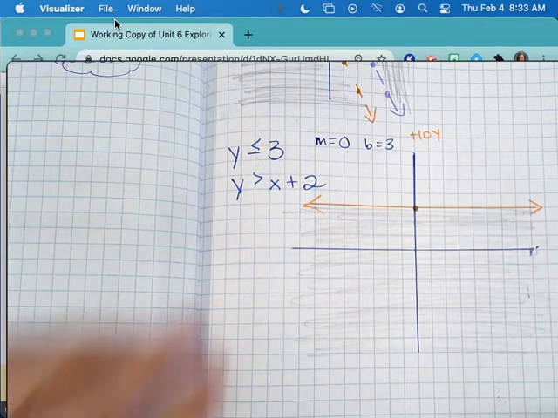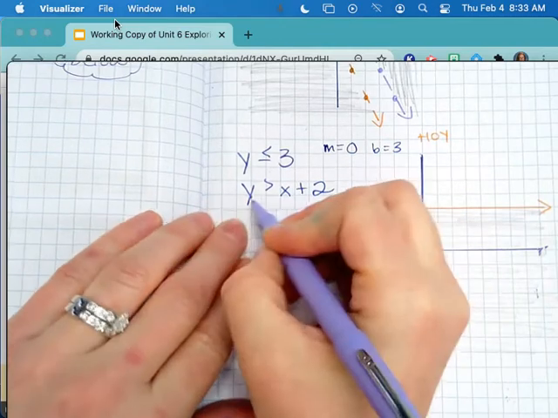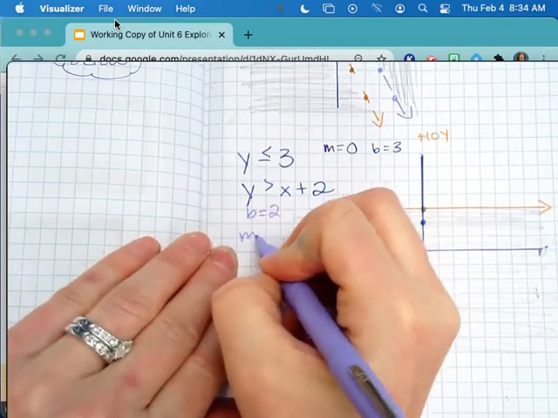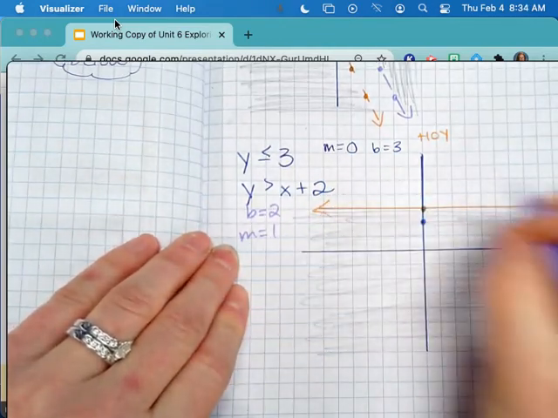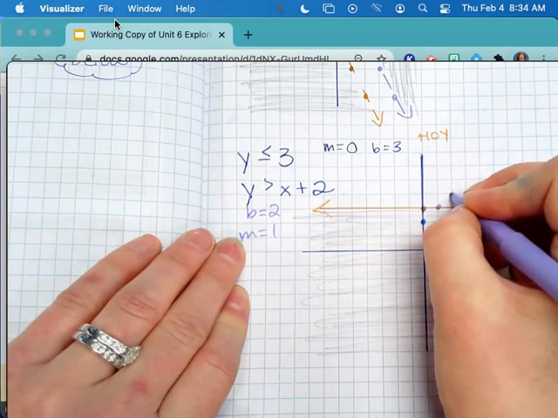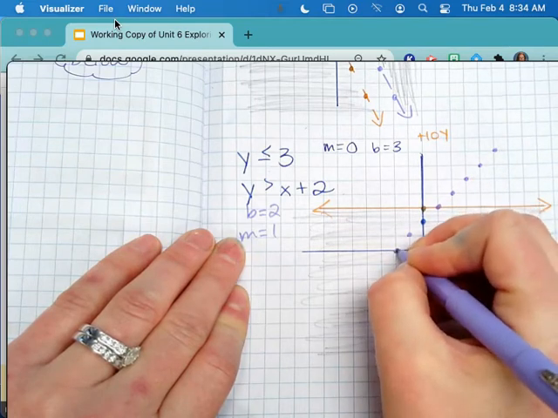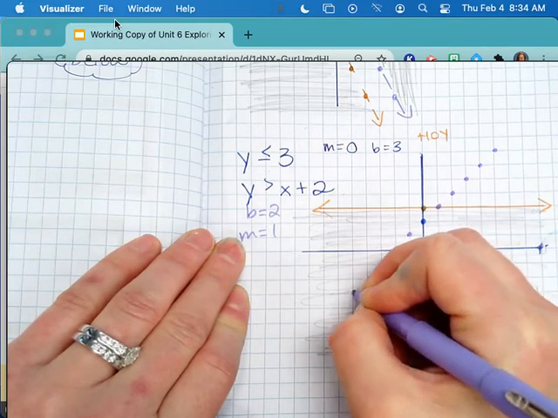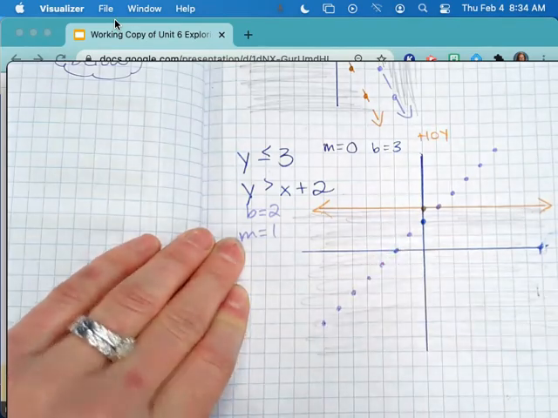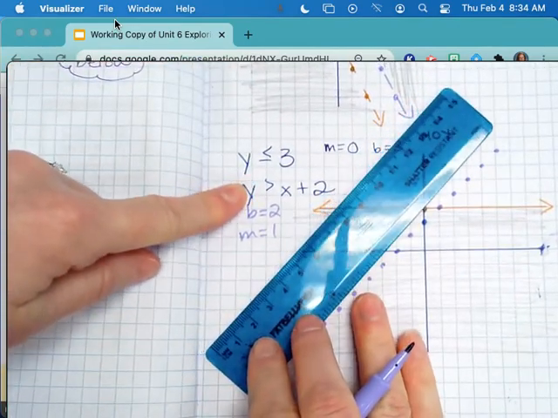Okay, and then the next one we have a plus 2. Our y-intercept is 2, and our slope is 1. So plot at 2, and then go up 1 over 1. But this one is dashed because it doesn't have the or equal to.